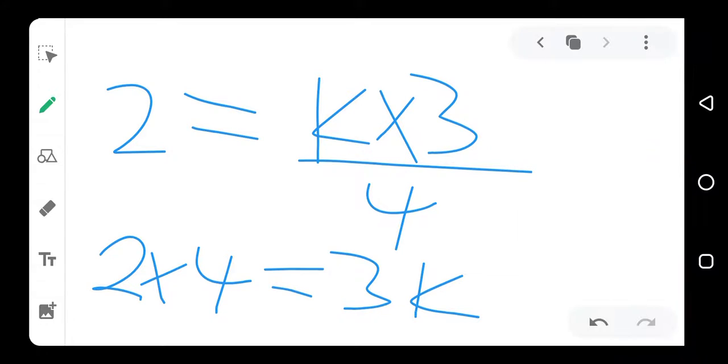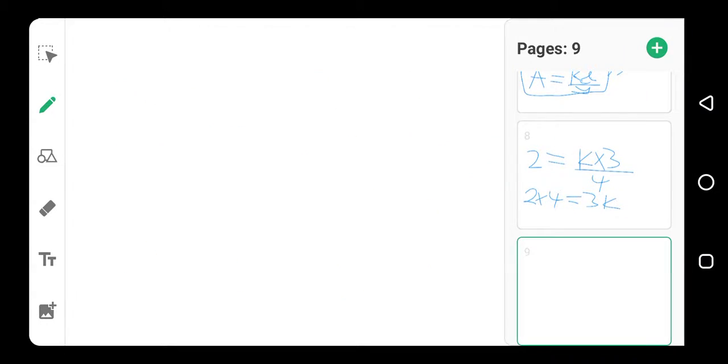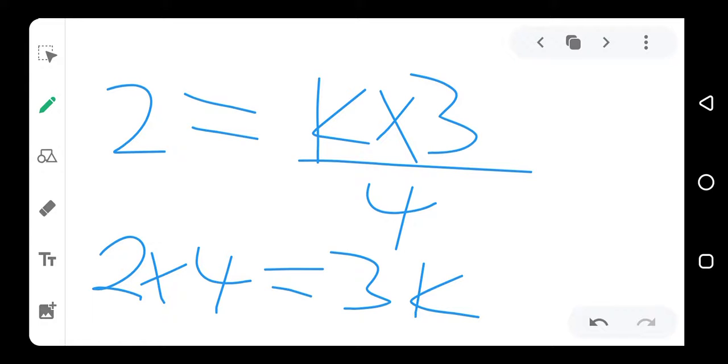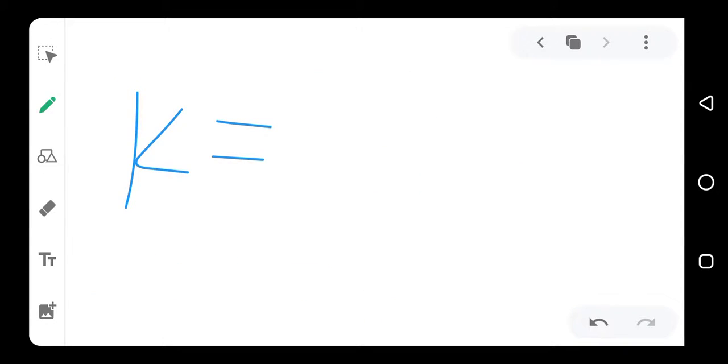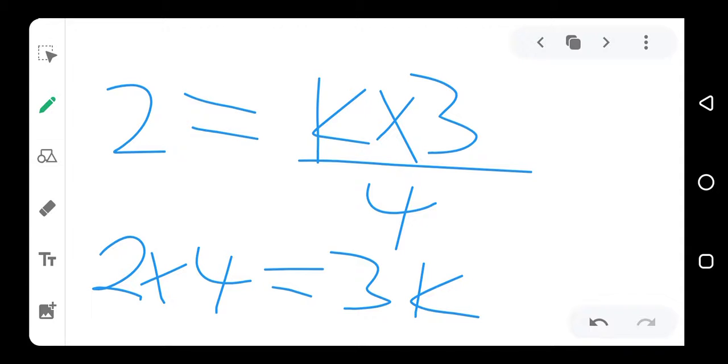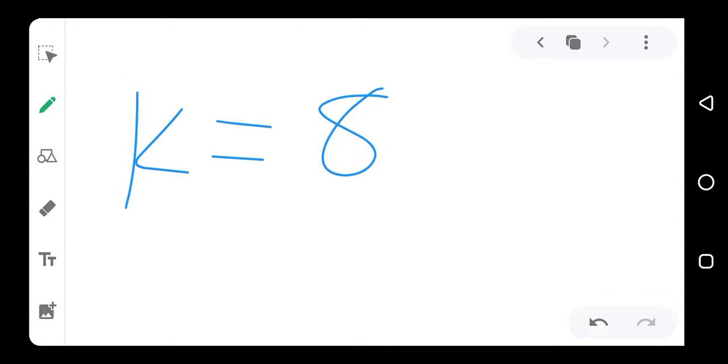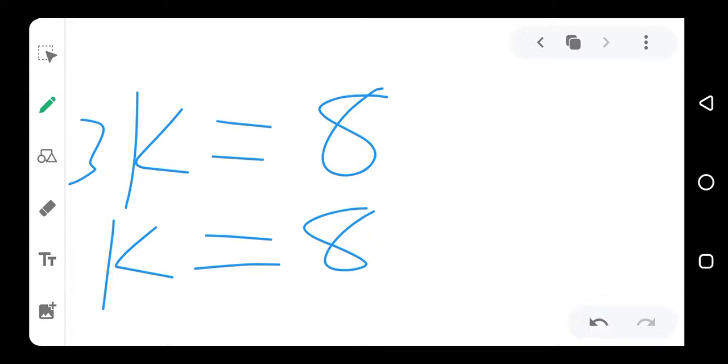And so 2 times 4 is 8, 3K is equal to 8, and K is equal to 8 over 3. Now you have K is equal to 8 over 3.